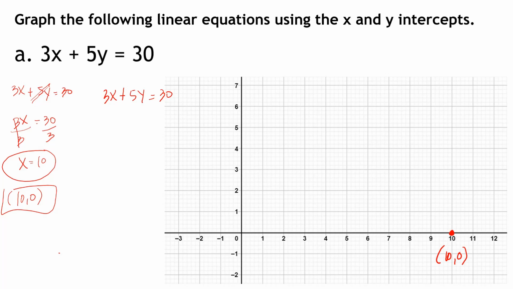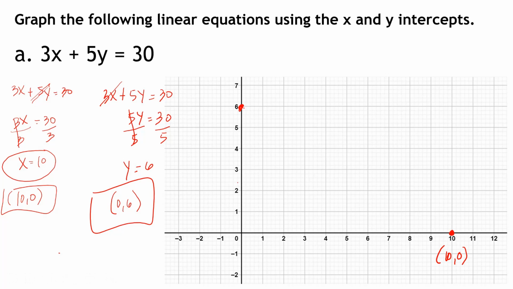So for the y-intercept, we can cross out the term with x, and that will give us this, and then divided by 5 on both sides. Therefore, y equals 6, right? And then locate that, of course, in the Cartesian plane. The coordinates, of course, are 0 and 6.